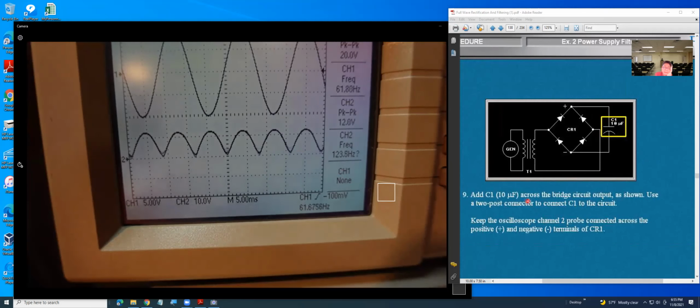At C1, across the bridge circuit output. Okay, now they go to adding the C1. Now it's filtered. Right, exactly. So let's see, R1, and now you go to C1.